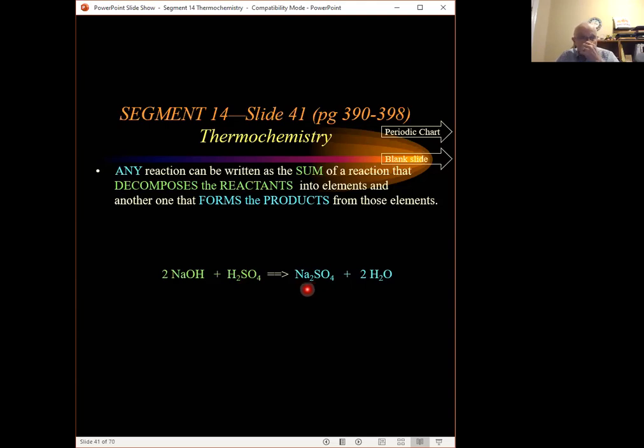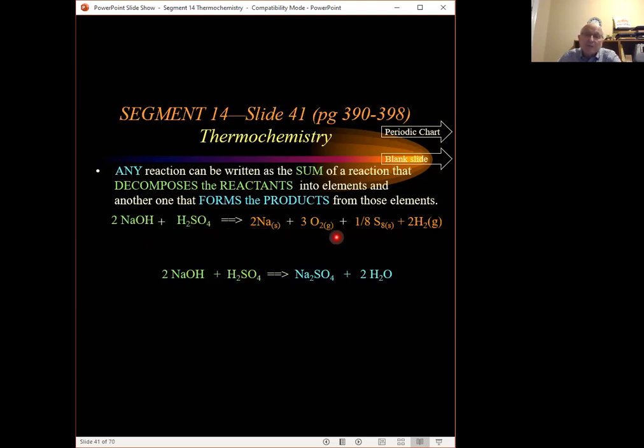Okay, so if we put these together, let's look at a way we can cause this reaction to take place. We could take the sodium hydroxide and the sulfuric acid, and we could just break it up into all of the elements that make it up. Sodium, its standard state is solid at room temperature, 1 atmosphere of pressure. And so 2 NaOHs would make us 2 sodium atoms.